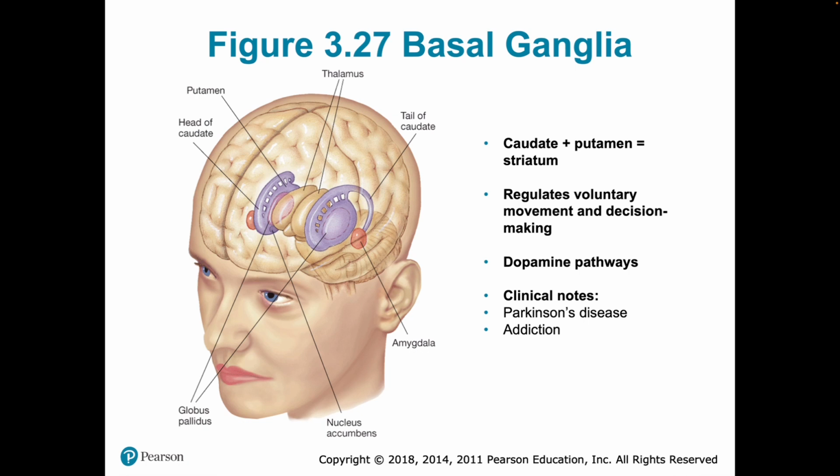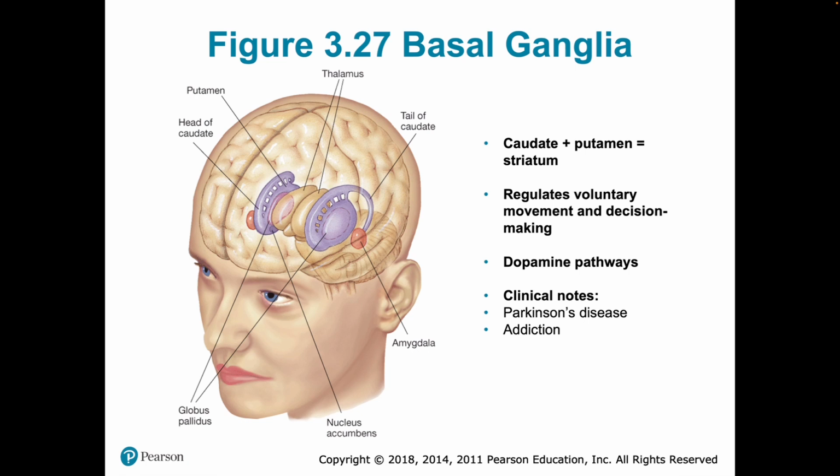So as the neurons in this dopamine system degenerate through Parkinson's disease, our ability to regulate our voluntary movement declines. Okay? Which is why as people develop Parkinson's disease, as that progresses, their movement abilities become more difficult. It becomes more difficult to start moving or to coordinate movement.